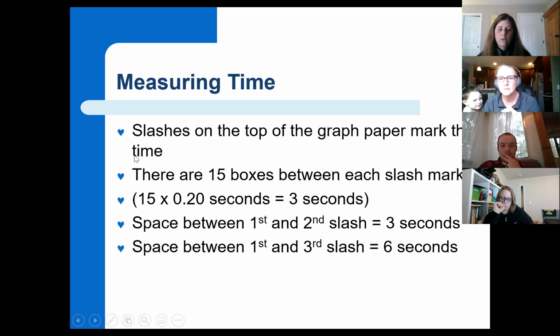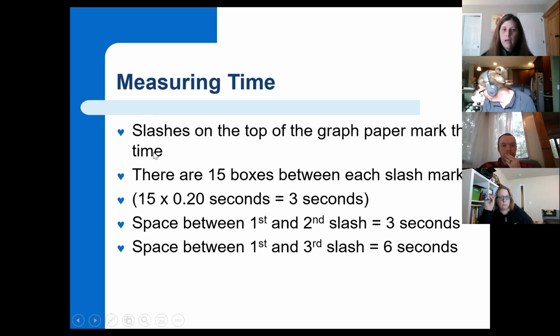All right. That one didn't have it, so I'll show you a strip here in a minute. But there are going to be little slashes or hash marks at the top of the EKG strip. That's going to help you with the measurement. From one slash mark to the next slash mark is 3 seconds.